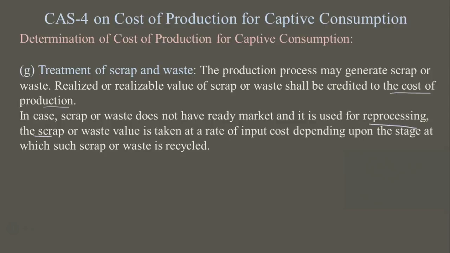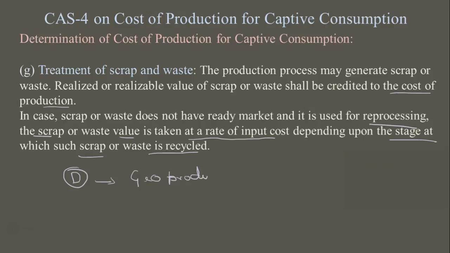Okay, in case scrap or waste does not have a ready market and is used for reprocessing, the scrap or waste value is taken at the rate of input cost, depending upon the stage at which such scrap or waste is recycled. Suppose the scrap, named D, is used for manufacturing of Geo product.